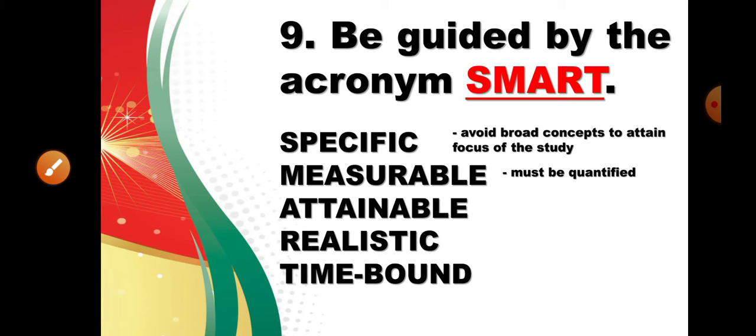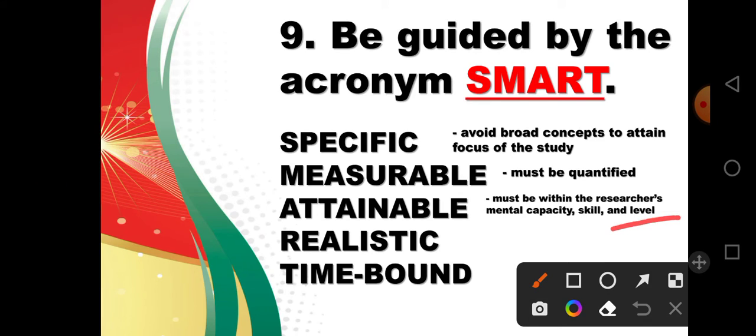Next, your objectives are considered to be attainable if it is within the researcher's mental skill, capacity, and level. So remember, class, in our first lesson, we said that your research topic must be within the level of cognition of the researcher. It must be within the level of the researcher's skill and mental capacity.